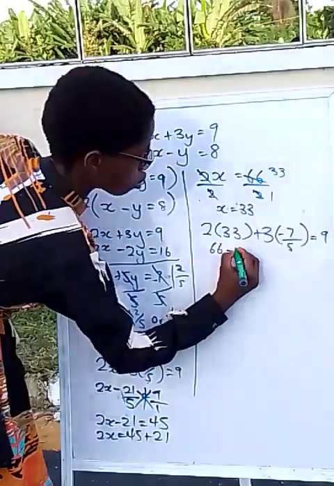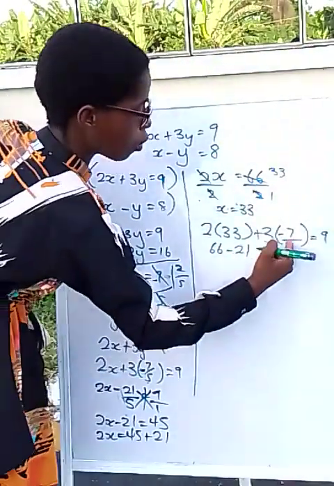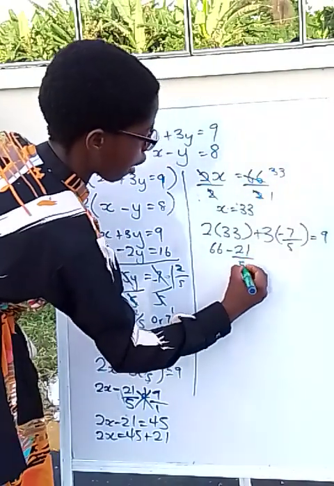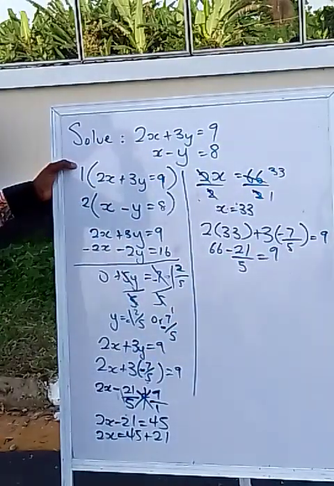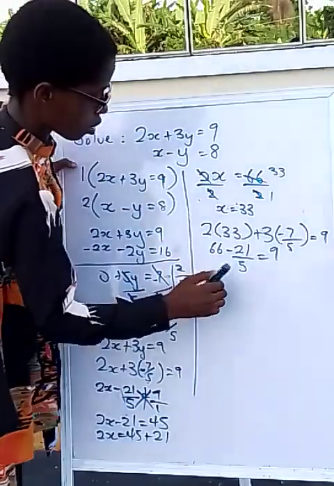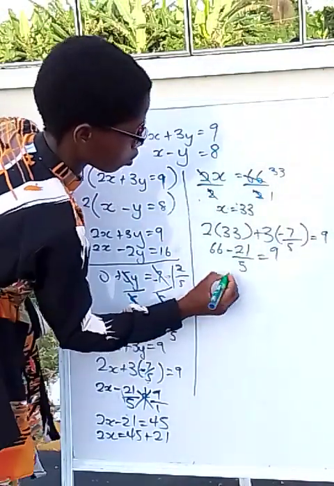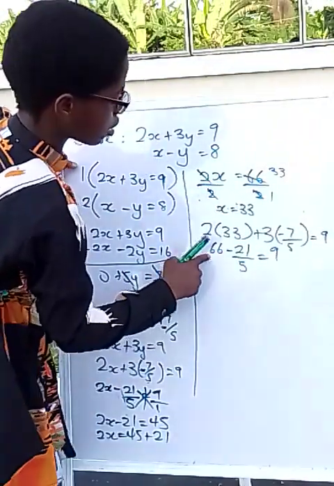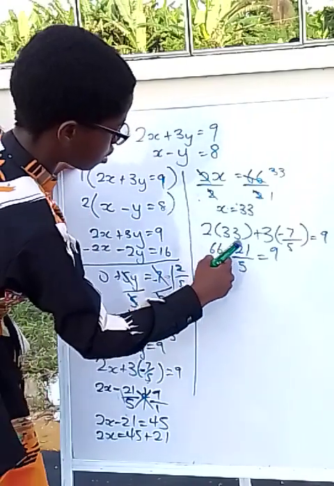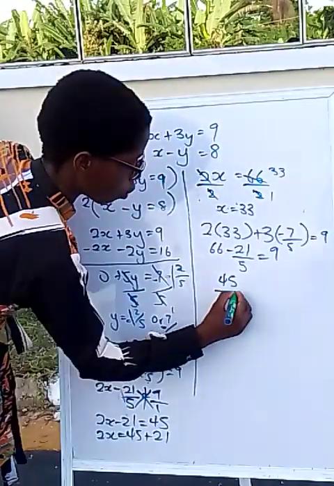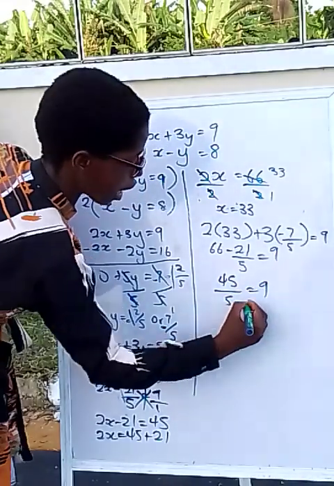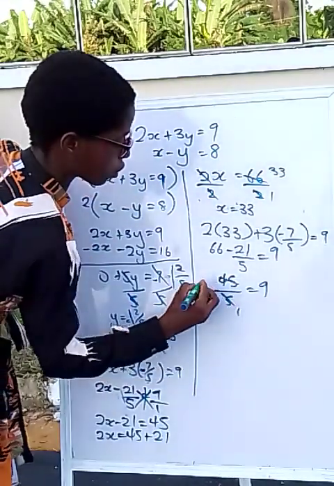Remember to put over 5 equals 9. So 66 minus 21 is 45 over 5 equals 9. So 5 in itself is 1. 5 in 45 is 9. So you can see we've gotten our 9. So our answer is correct.